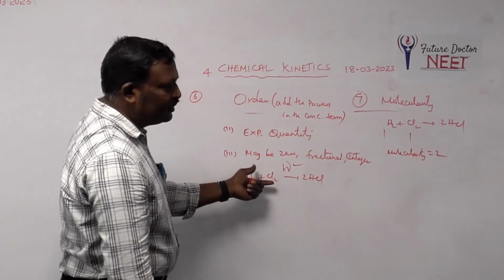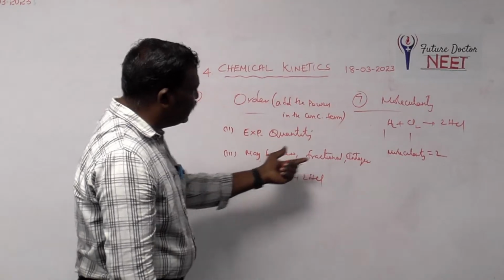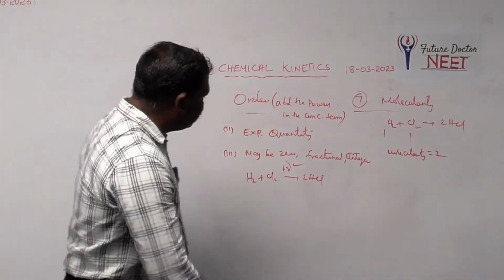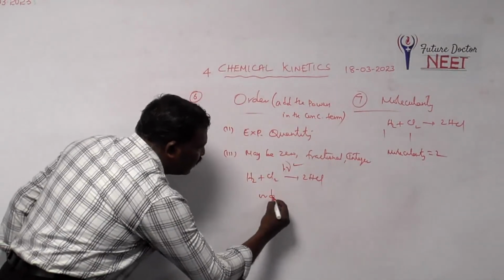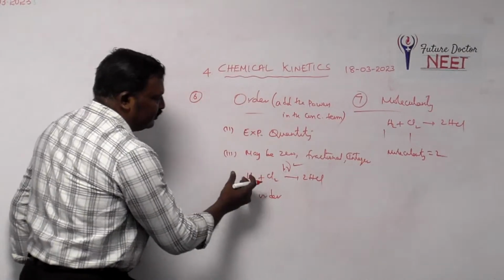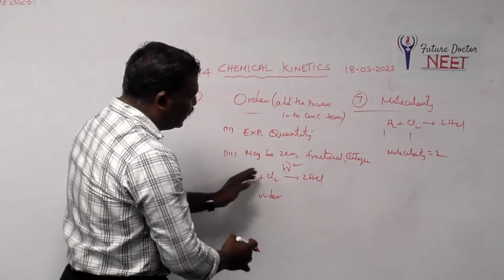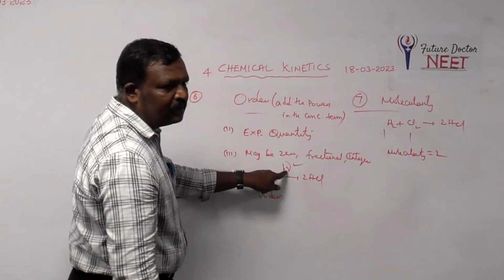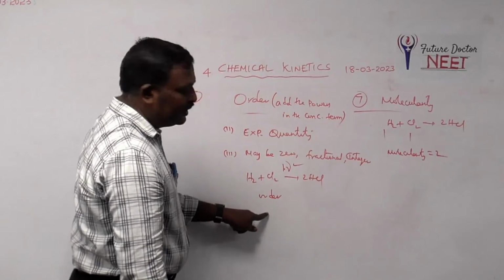Understood? The same reaction, just compare. In this reaction, order is what? It does not depend upon concentration. Even though we are taking more concentration of H2 and more concentration of Cl2, the reaction will not take place. Whenever we apply some light energy, that time the reaction takes place. Are you following?